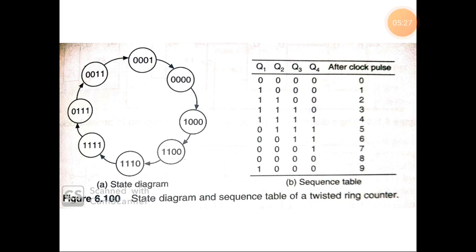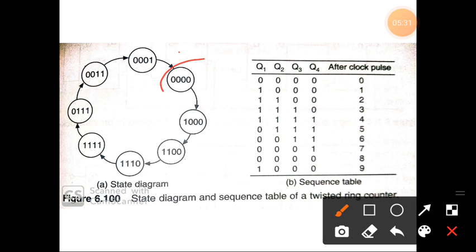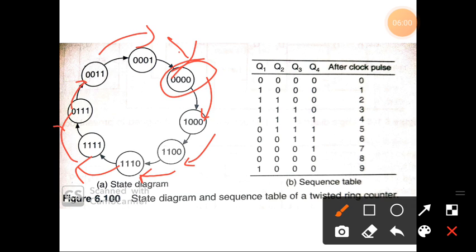The figure shows the state diagram. The state diagram starts from 0 0 0 0. Initially all outputs are 0. The next state will be 1 0 0 0, then 1 1 0 0, then 1 1 1 0, then 1 1 1 1, then 0 1 1 1, then 0 0 1 1, then 0 0 0 1, then again it goes to 0 0 0 0.